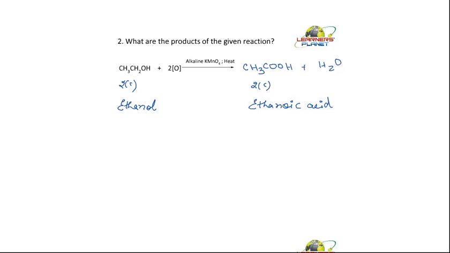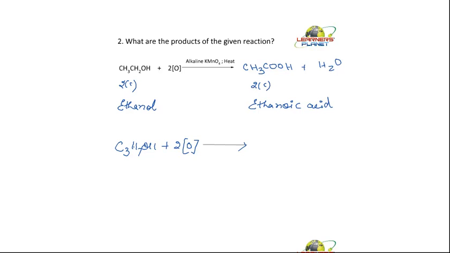So remember, it can be any alcohol. I can take here C3H7 and OH. If I treat it with alkaline potassium permanganate and heat it, what will happen?